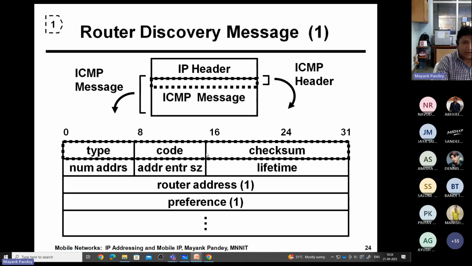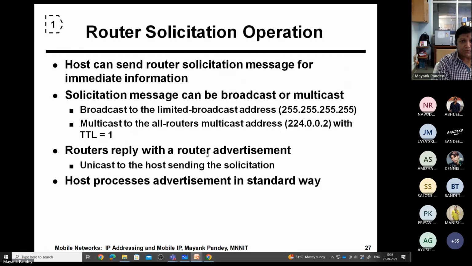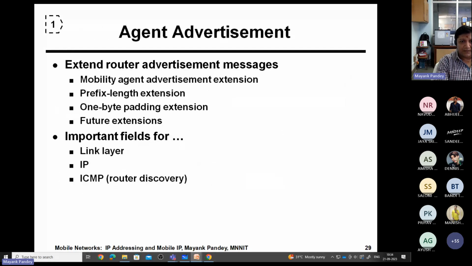So what mobile IP has done is extend this router advertisement process, and this is known as the mobility agent advertisement extension. What is there in this?